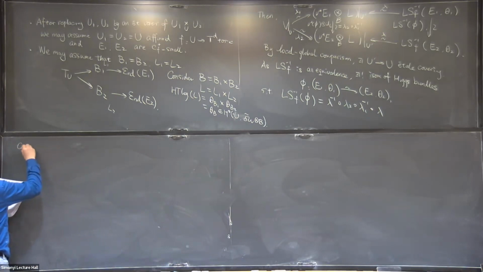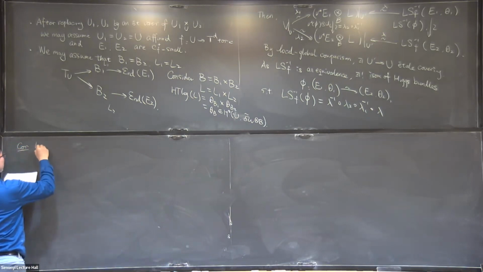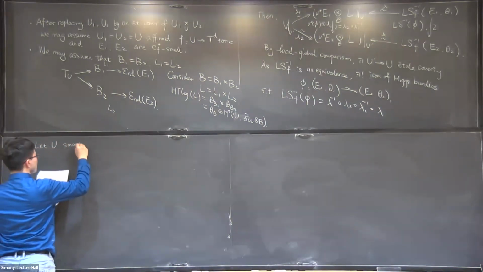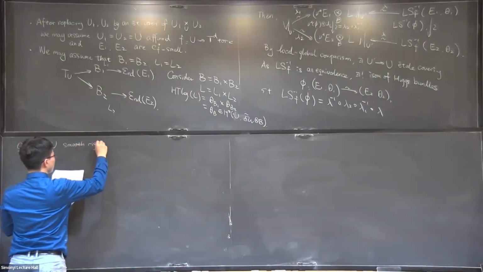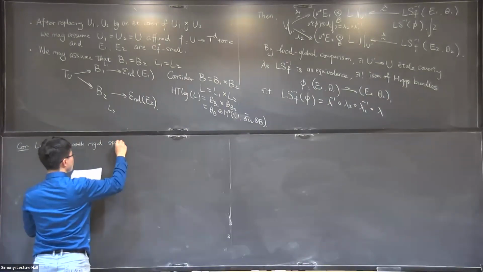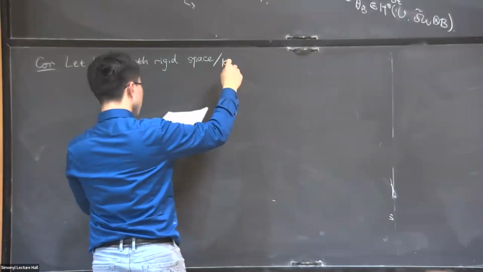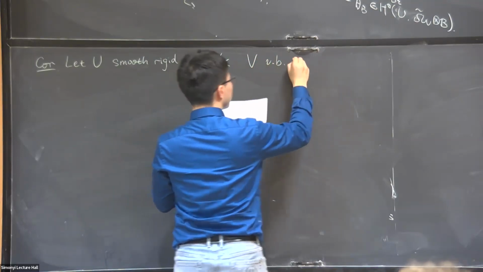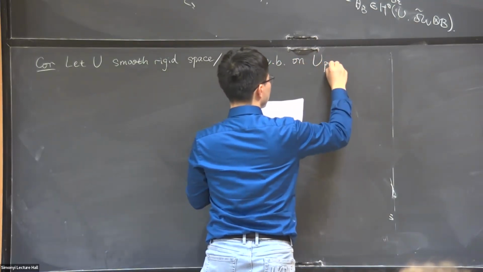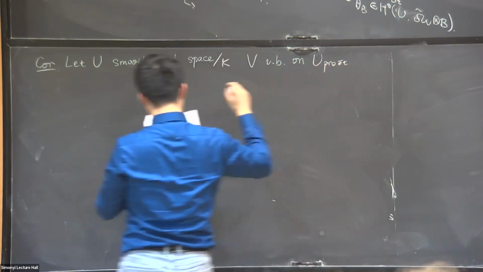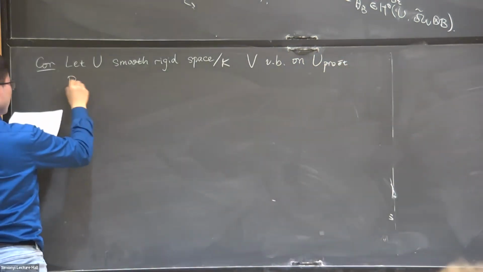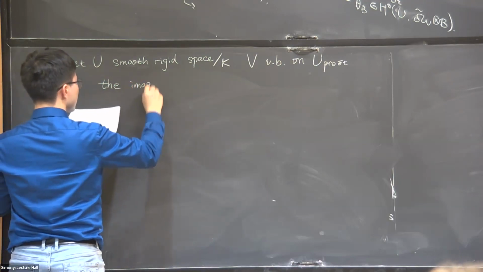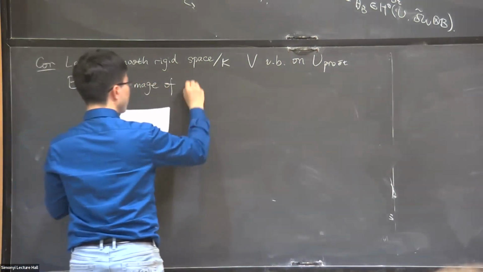So, corollary: let U be a smooth rigid space over K, and V a vector bundle on U pro-étale. And we take B to be the image of theta V.